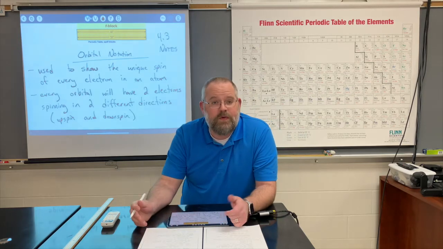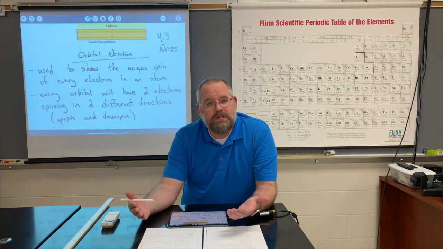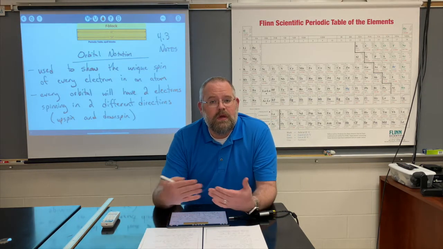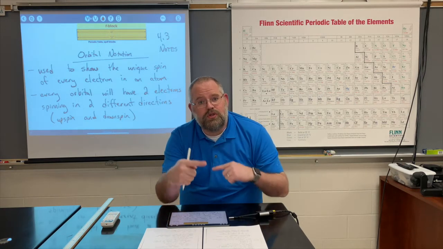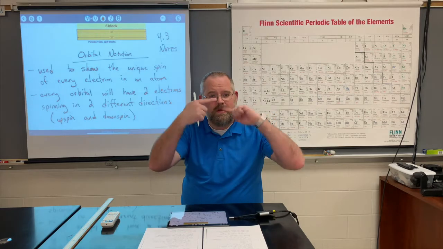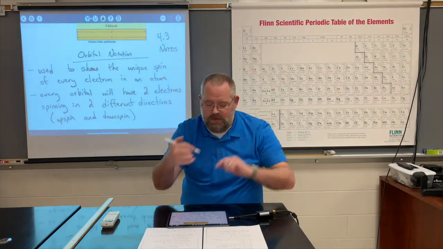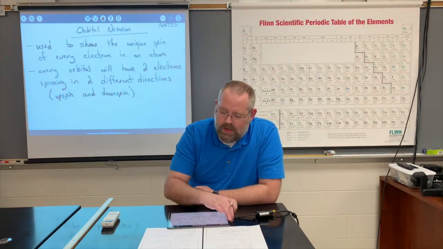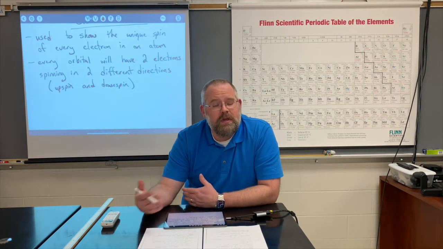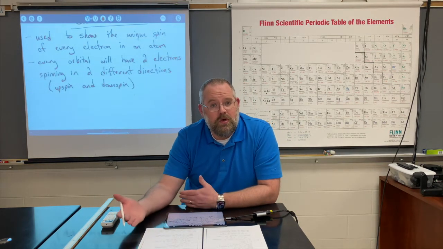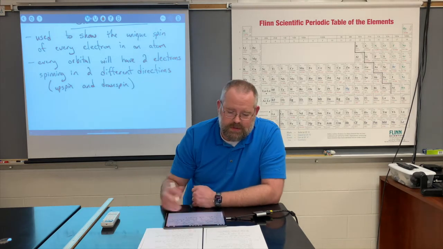Now the reason for this is that when 2 electrons occupy the same orbital, electrons are negatively charged, so they repel. So they're going to push away from each other and they spin in these opposite directions. Okay? So we have a special kind of electron configuration that we use to denote these upspins and downspins.